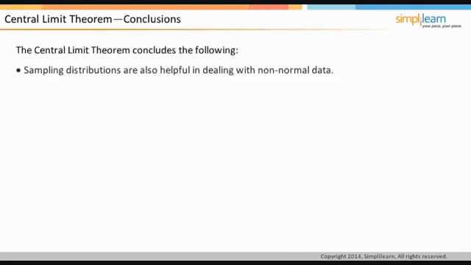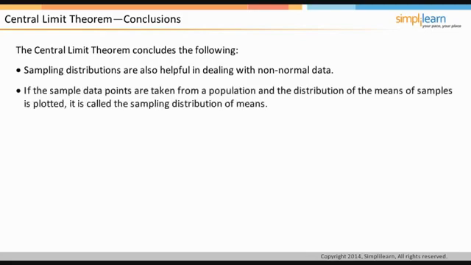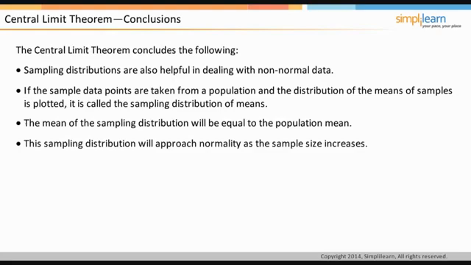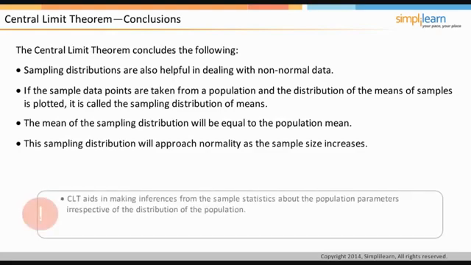The central limit theorem concludes that the sampling distributions are helpful in dealing with non-normal data. If you take the sample data points from a population and plot the distribution of the means of the sample, you get the sampling distribution of the means. The mean of the sampling distribution, also known as the mean of means, will be equal to the population mean. Also, the sampling distribution approaches normality as the sample size increases.